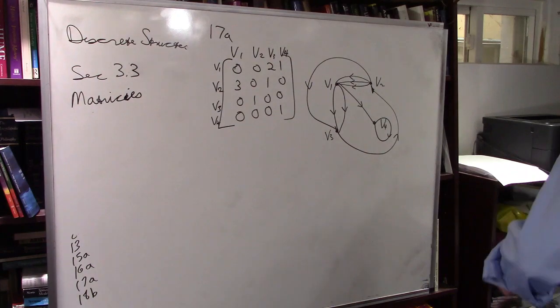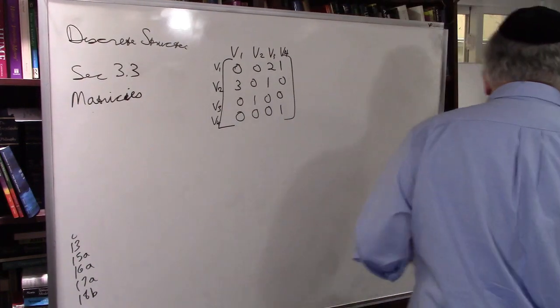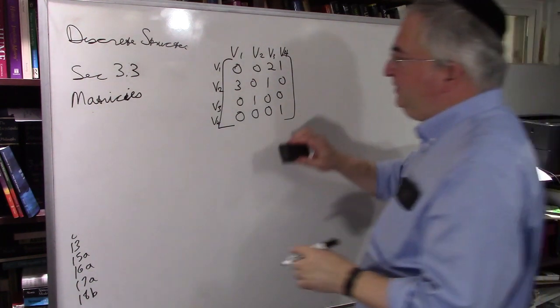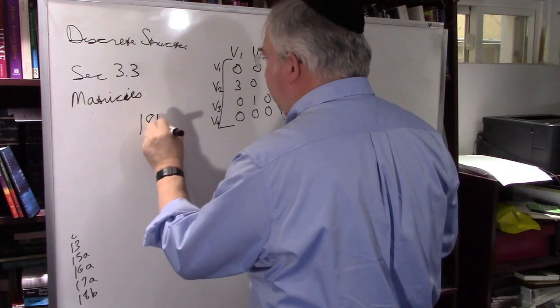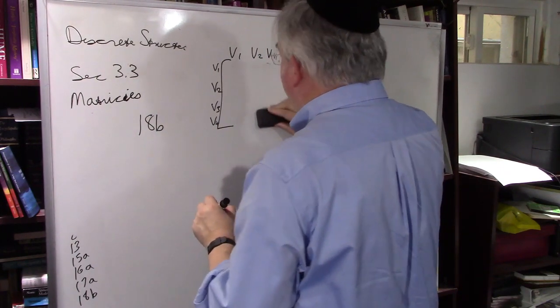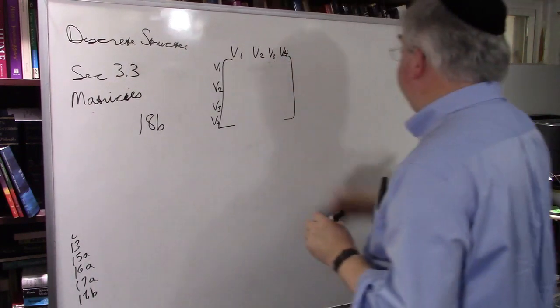Okay, great. Now 18. Okay, I just did B instead of A, 18B, so we're doing 18B. Okay, again, it's a 4 by 4 matrix, and it's going to correspond to a graph that has 4 vertices.